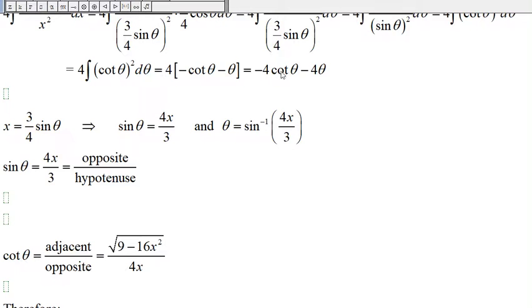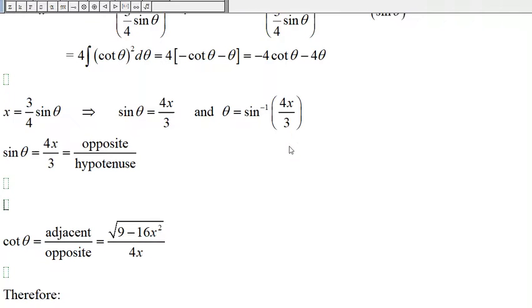We want to write negative 4 cotangent of theta minus 4 theta in terms of x. In the place of cotangent of theta, we will have the square root of 9 minus 16x squared divided by 4x. And in the place of theta, we have sine inverse of 4x divided by 3.